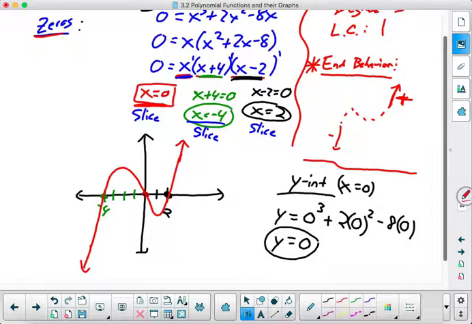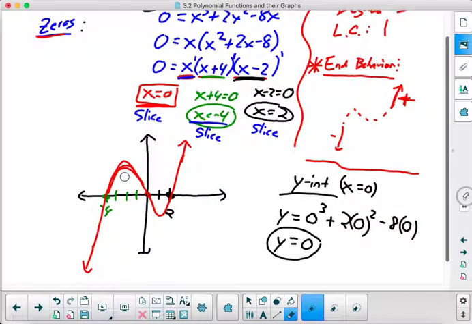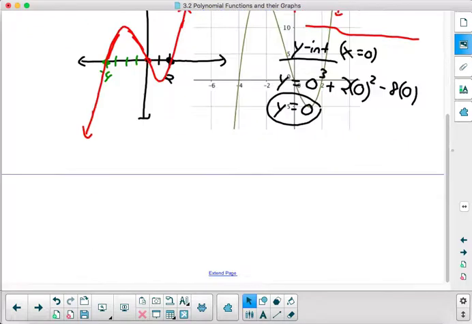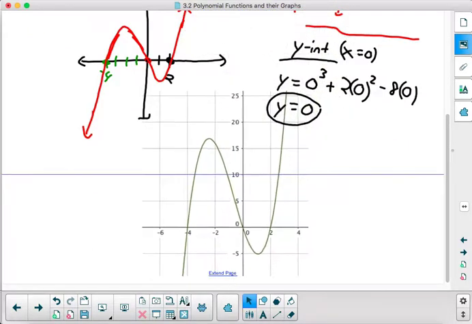Again, the only thing I don't know right now is how high this goes, if this goes up higher or if it goes down lower. And to be truthful and honest, I am not going to be picky about caring. I just want the general idea, and if you can find the actual zeros and what type of zeros they are, that's all that would matter. I think, yeah, so this is what the graph is supposed to look like. Does that look like our graph, roughly? Yeah, sure.